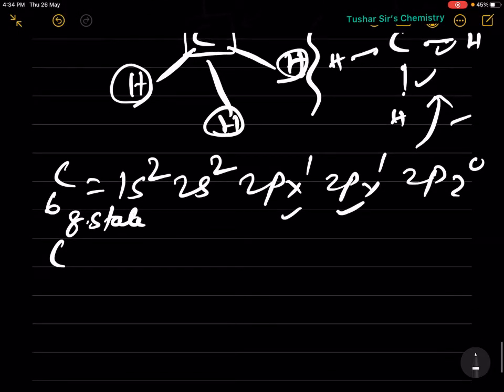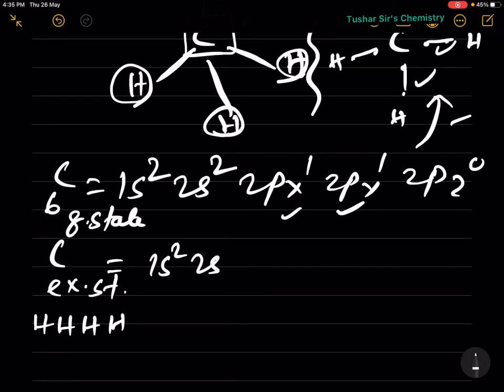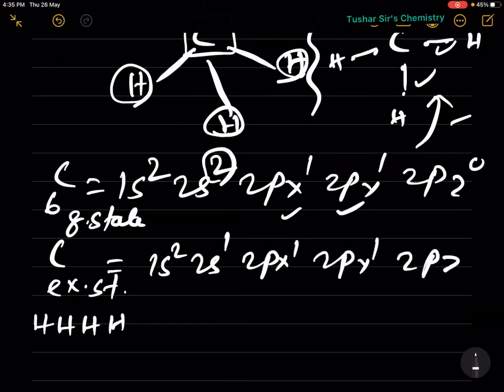But in the presence of 4 hydrogen atoms, carbon becomes excited. So in the excited state, the configuration will be 1s2, 2s1, 2px1, 2py1, 2pz1. One 2s electron will jump to 2pz.